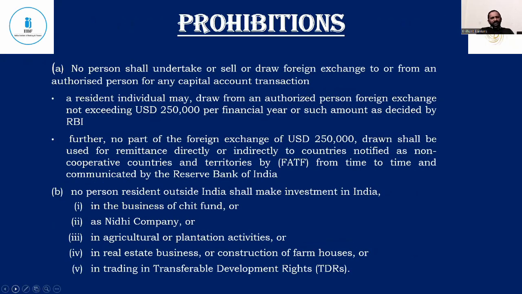There are a few prohibitions as per the capital account transactions. No person shall undertake or sell or draw foreign exchange to or from an authorized person for any capital account transaction with a condition: not more than a limit of US dollars 250,000 per financial year, or if there are any changes by RBI, that can be done.